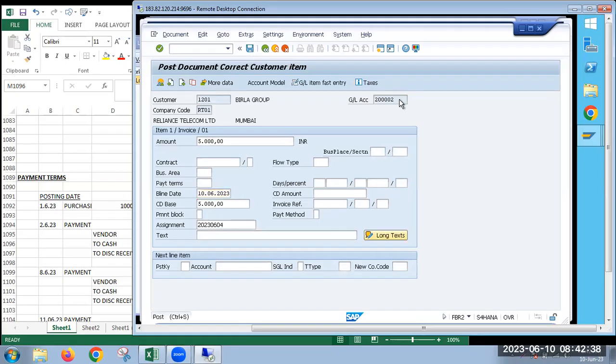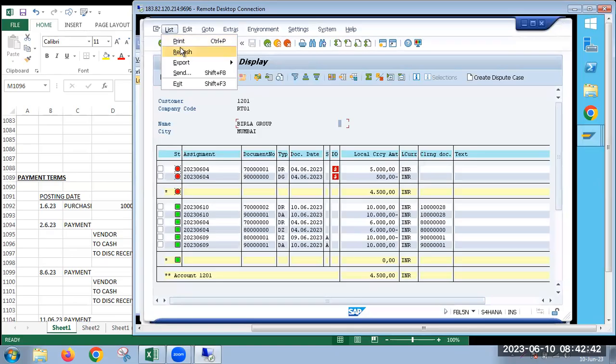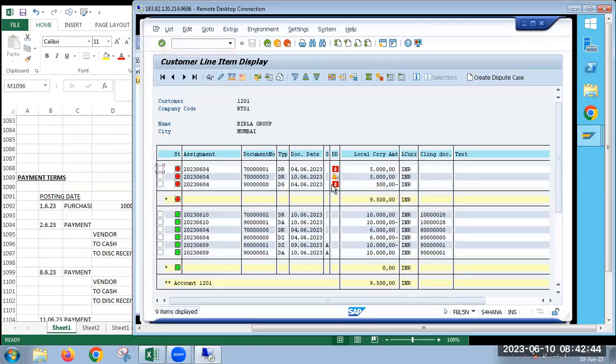Now come to here. You can see a different icon. This is due, the due date icon.